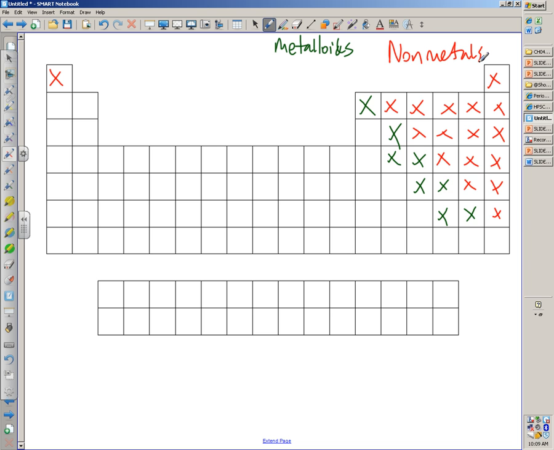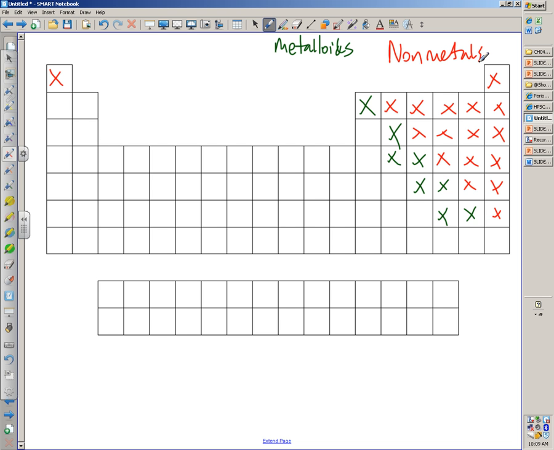Once you start looking at properties of non-metals, you'll find that non-metals are kind of like the breakfast food category that we were discussing the other day. There is a lot of variation within the group that we label as non-metals. The thing that makes them all similar is the fact that they are not metals.